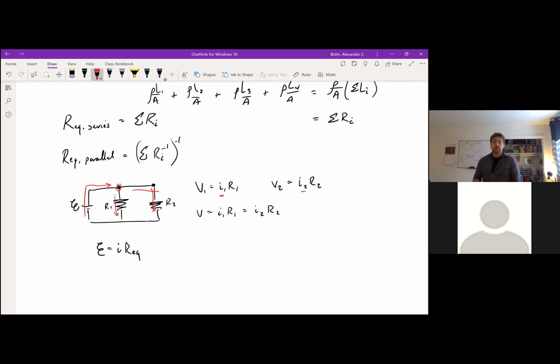But these are charges. However many of them are moving per time, however much current there is flowing through the battery, we only have that much current to work with. We only have, per unit time, that many charges. So if some of them are going through R1 and some through R2, that's fine, but that's the total.